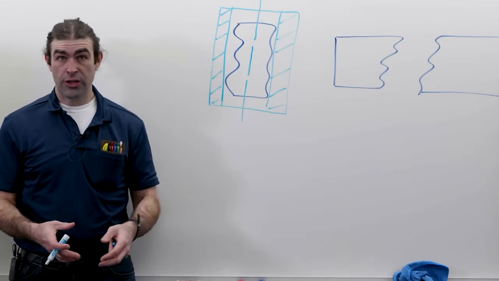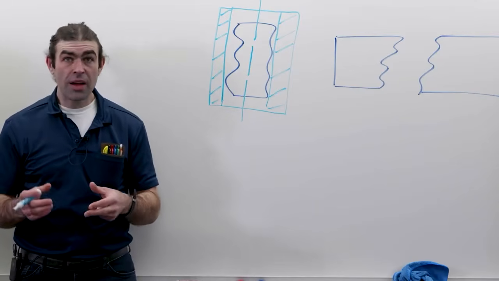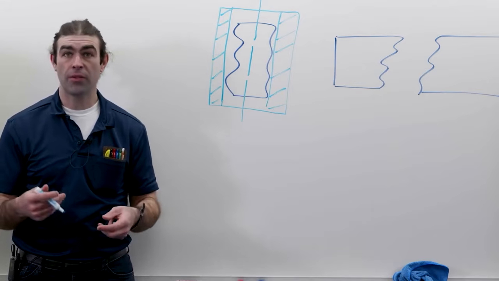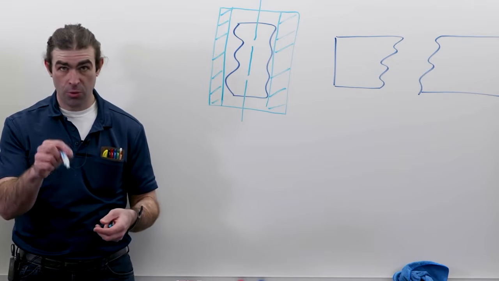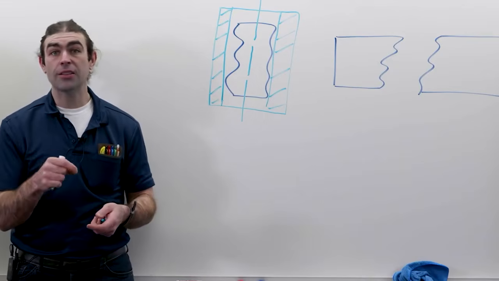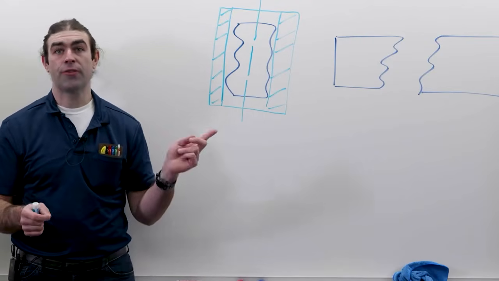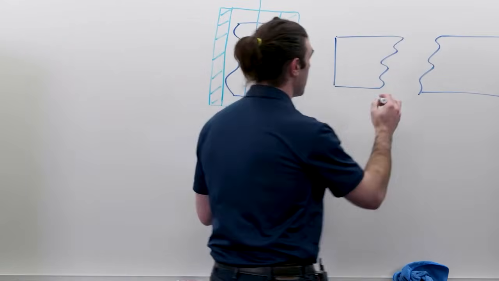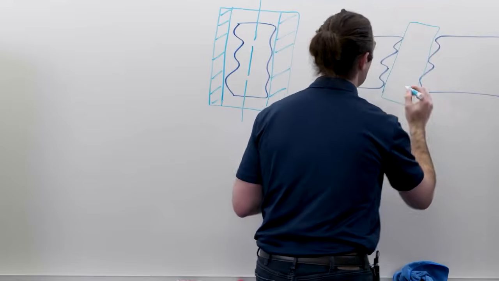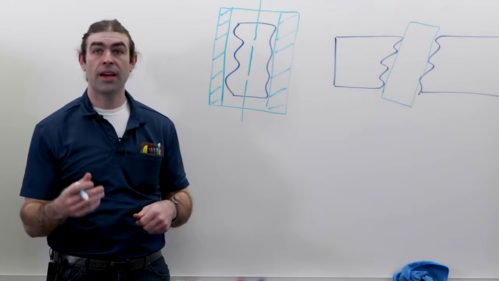Now, for an internal feature, a hole, this is usually simulated with gauge pins, right? You find gauge pins and you put one in, and if it fits through, you go to the next size up, see if it fits, and you get the largest gauge pin that will fit in the hole, and that's going to simulate the axis of that actual feature.